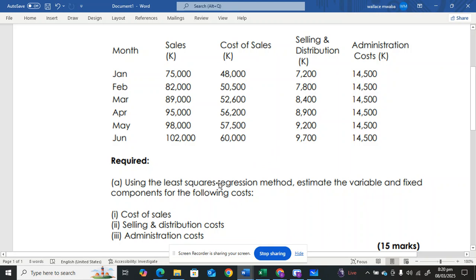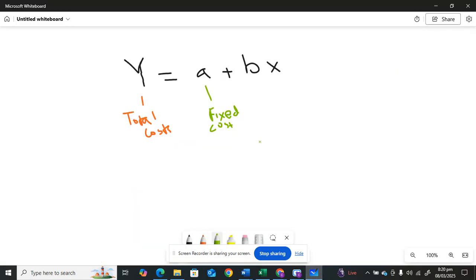With the least squares regression, all that we're going to do is form the equation of a line, as I've written here: y equals a plus bx.